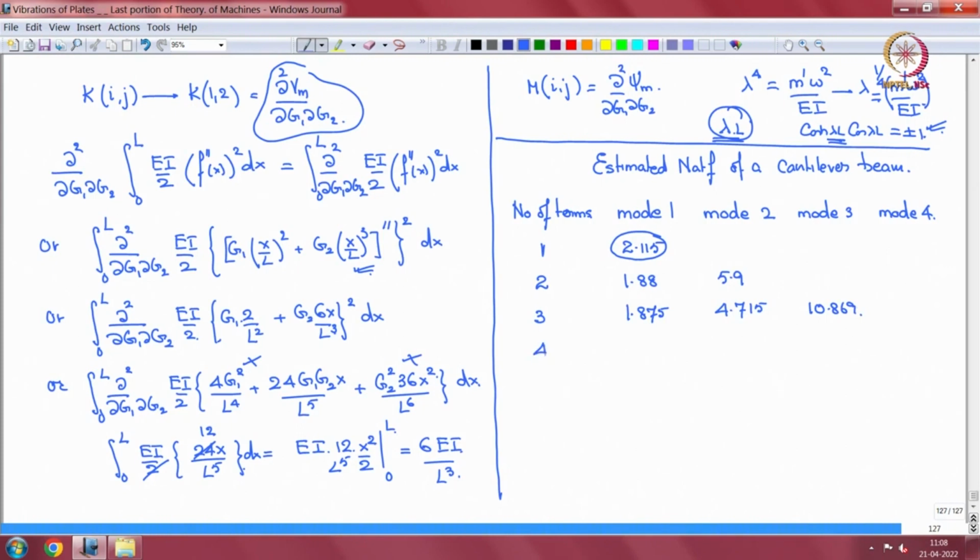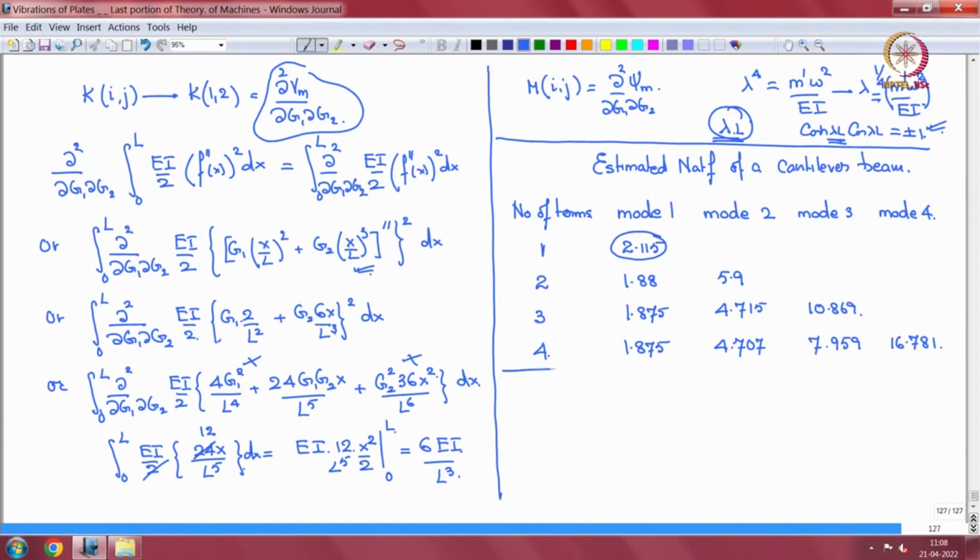If you use four terms, you have actually already converged by 3: 4.707, 7.959, and the fourth mode 16.781.